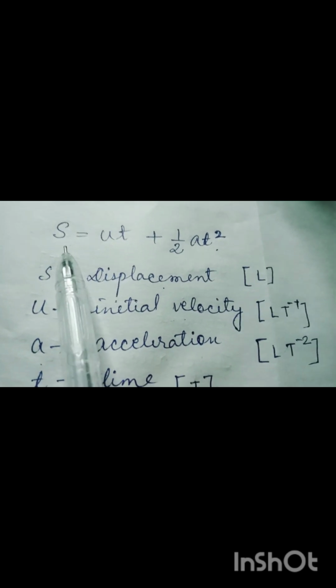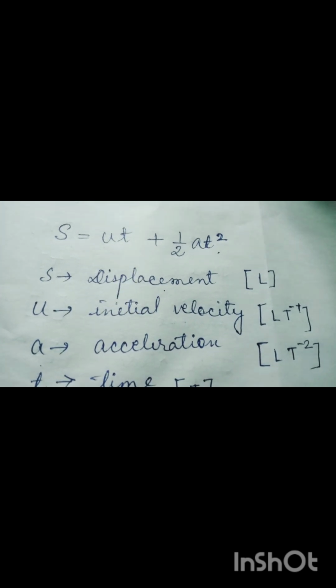The product of initial velocity and time gives us dimension L. The product of acceleration and square of time gives us dimension L again. So we can say that the left side of the equation has dimension L. Ut also gives us dimension L, and the product at square also gives us dimension L, and half is a dimensionless quantity.